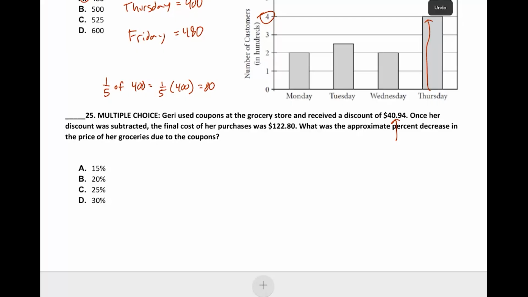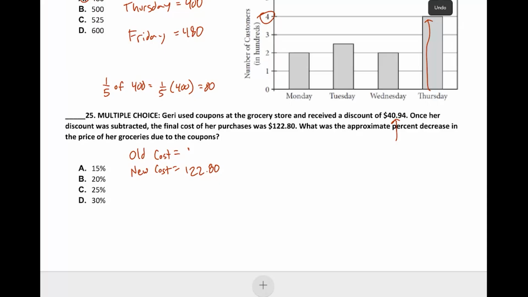So let's first, we have two costs to keep track of. We have the new cost and the old cost. So the new cost was $122.80. The old cost we can figure out by basically removing that discount. So if the discount was $40.94, we're going to have $122.80 plus $40.94.